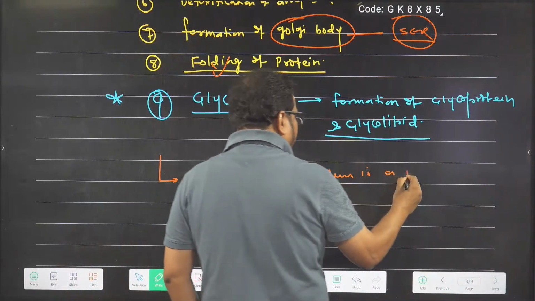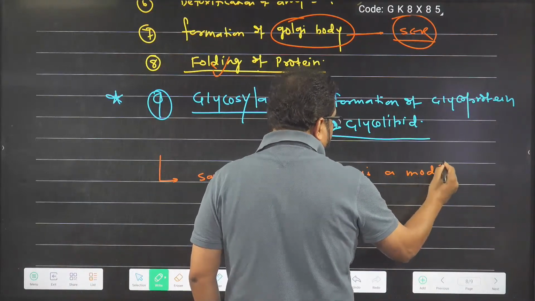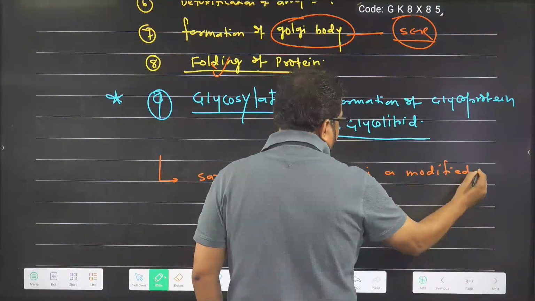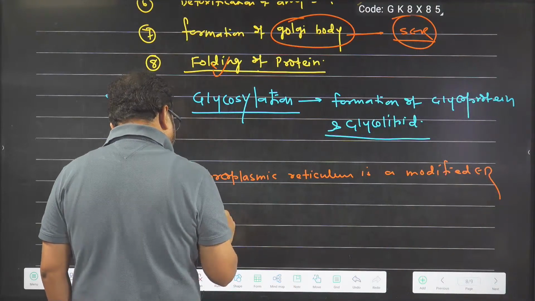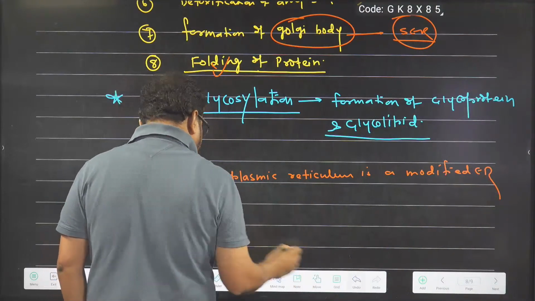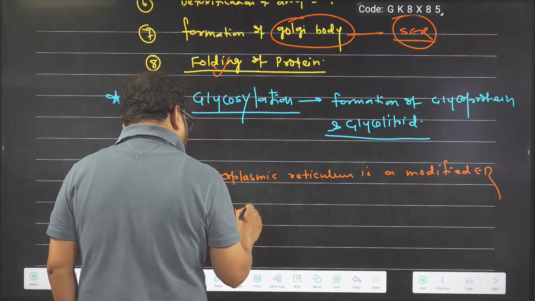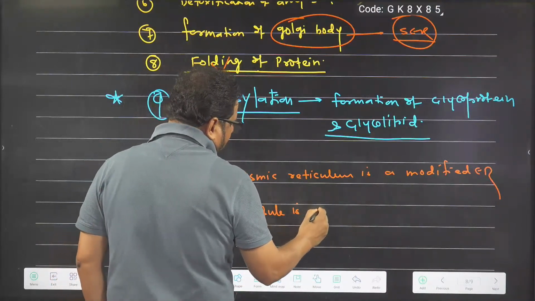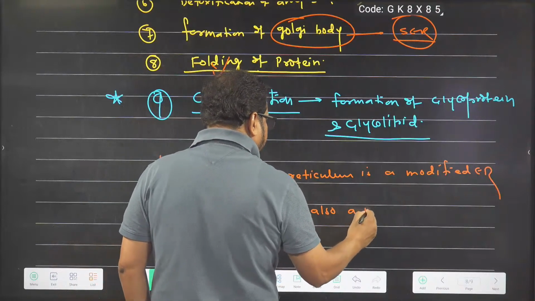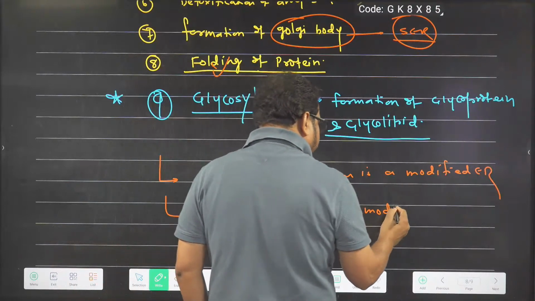It is a modified ER. Desmotubule, I told it in plasmodesmata just now, right? Desmotubule is also a modification of ER.